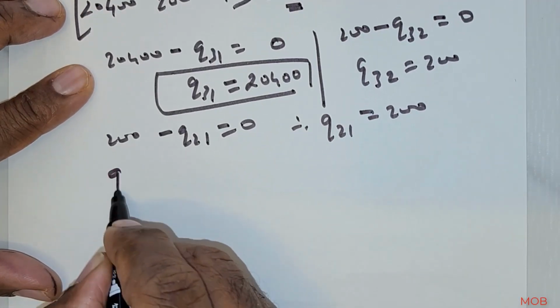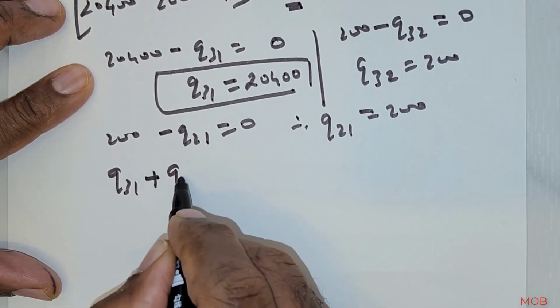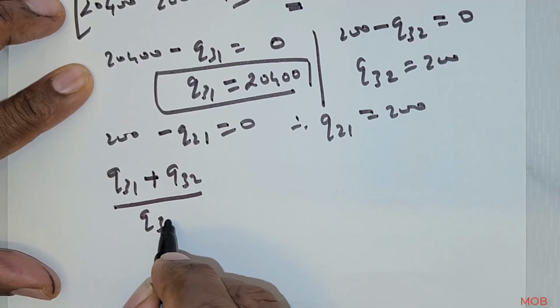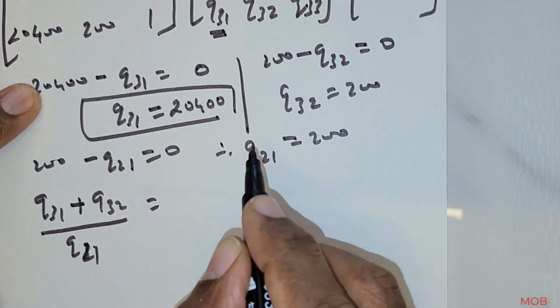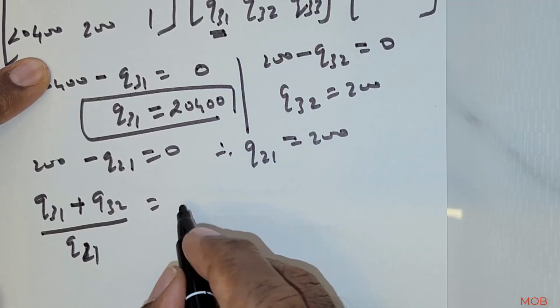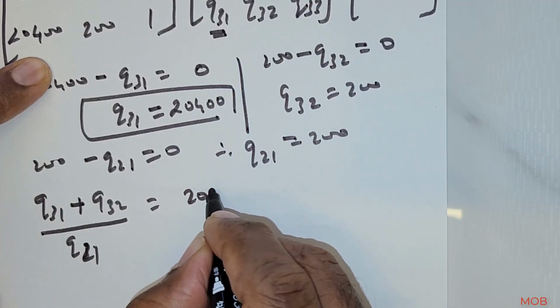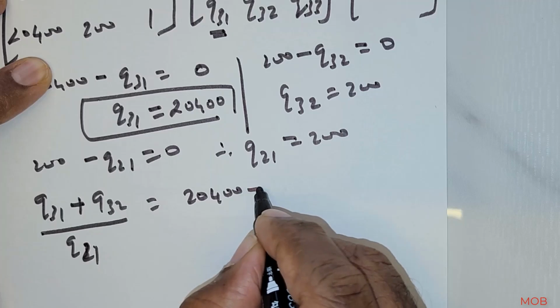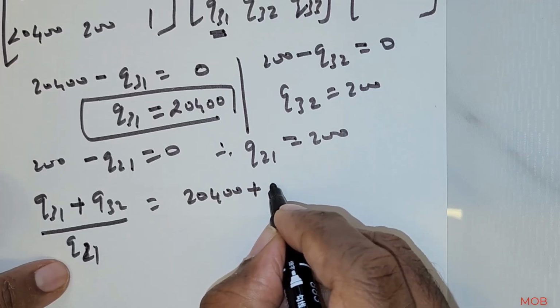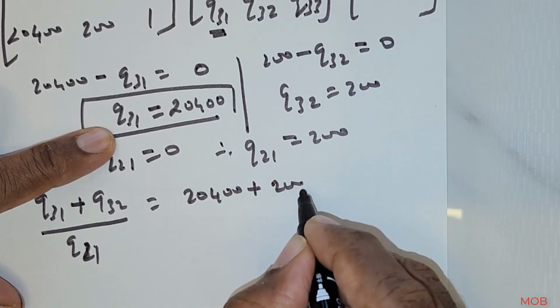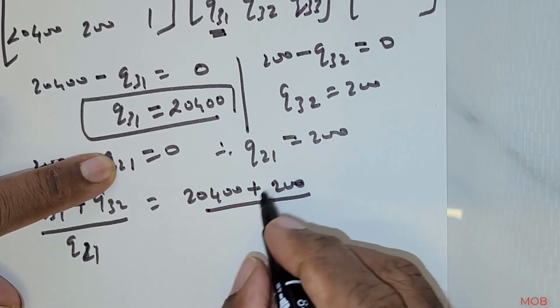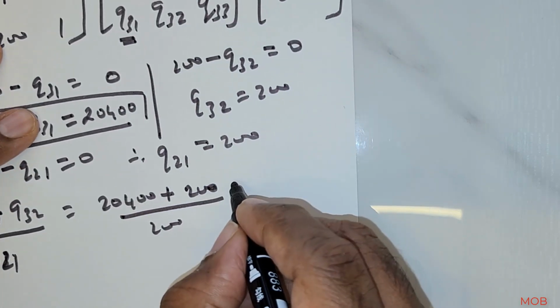So now we have to find Q31 plus Q32 divided by Q21. Now my Q31 is 20400, plus Q32, that's 200, and Q21 is 200.